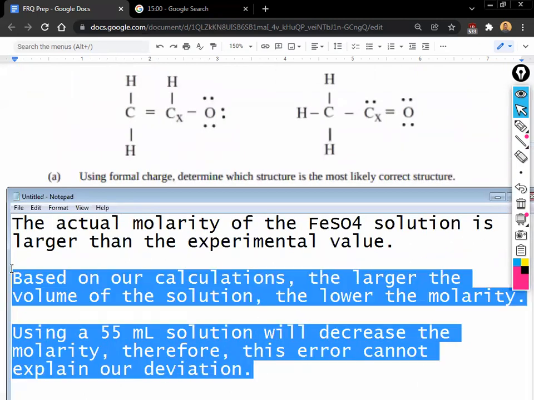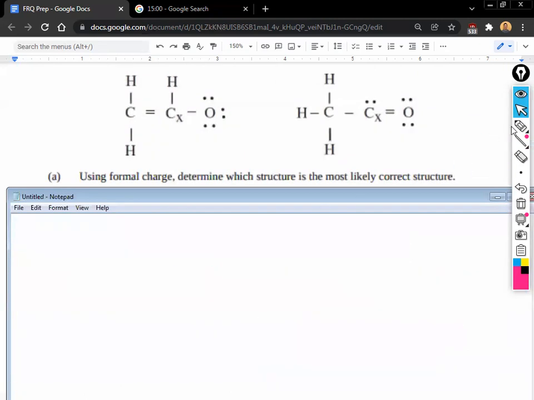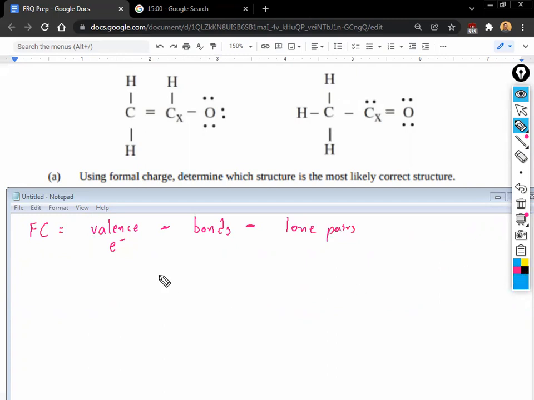We learned about formal charge, but if you don't remember the formula, formal charge is the number of valence electrons minus the number of bonds minus the number of lone pairs. If you like it the other way, it's easier: minus sticks minus dots.